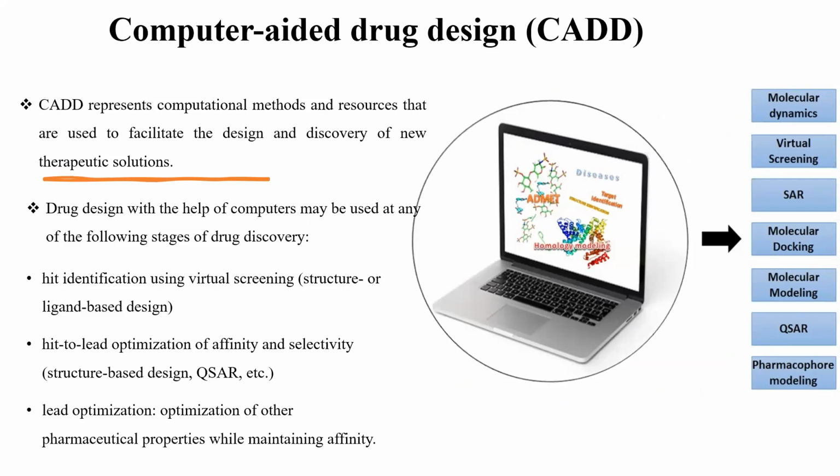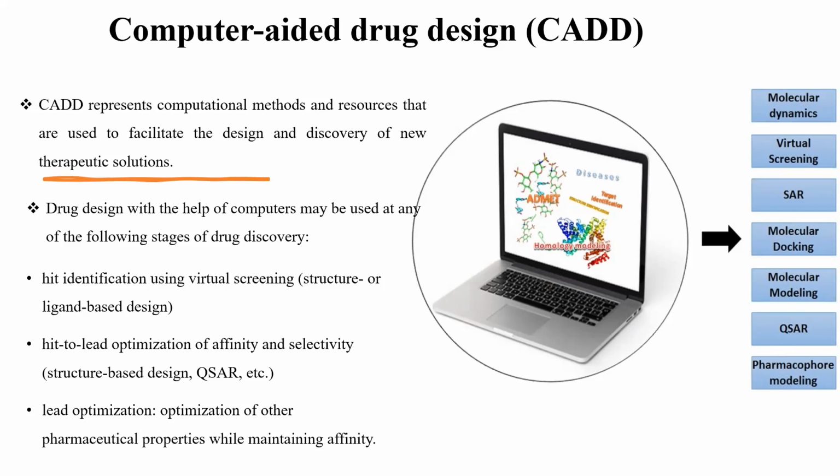It represents computational methods or resources that are used to facilitate the design and discovery of therapeutic solutions. The computer is used to facilitate. Ordinarily, if it takes you 10 years to design a drug, if you use a computer-aided drug design algorithm, it will take you half or less than half of the time.